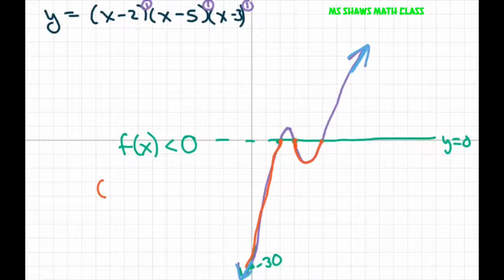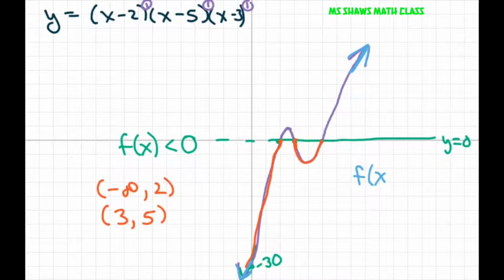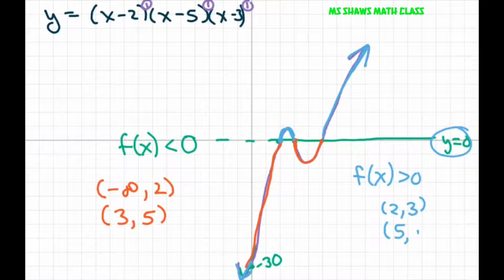So that's from negative infinity to negative 2 and from 3 to 5. And where our graph is positive, f of x or y is positive, and that's going to be this part right here. It's above the y equals 0. So that's from negative 2 to 3. And it's also positive right through there, which is 5 to infinity.